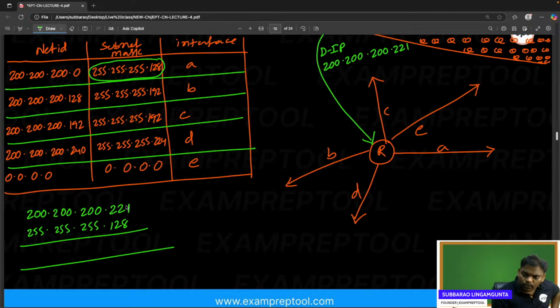Can you help? 221, how do we write it in binary format?